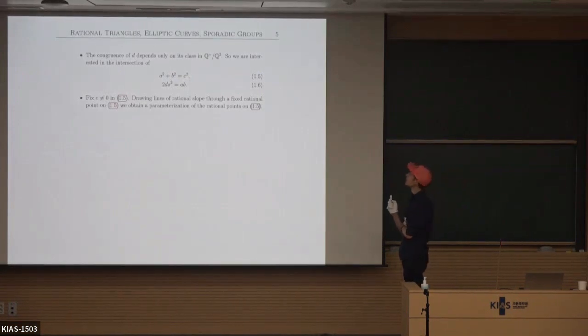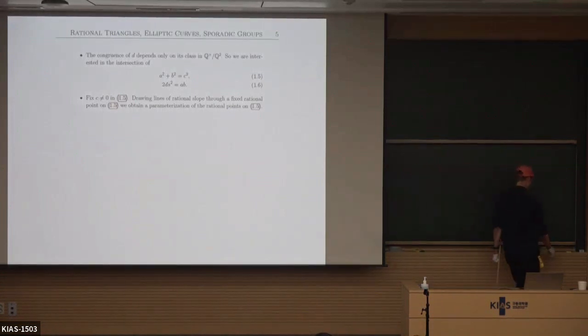And I guess we've all parameterized a circle before, but if you use cosine theta, sine theta, that's a nice parameterization, but it's not very good at telling you which points are rational. So for which values of theta are sine theta and cosine theta rational?